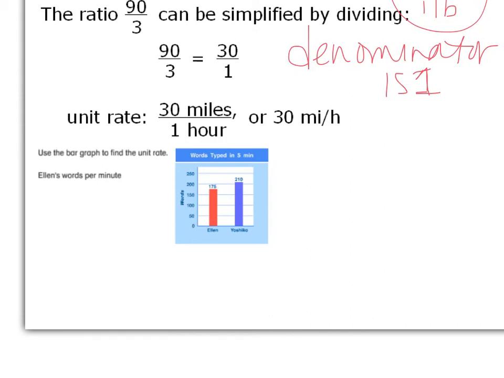Okay, the bar graph to find the unit rate, Ellen's words per minute. So Ellen has 176 words in 5 minutes. So if we want our unit rate, that means our denominator is going to have to be 1. So we need to do 176 divided by 5, and that gives me 35.2.